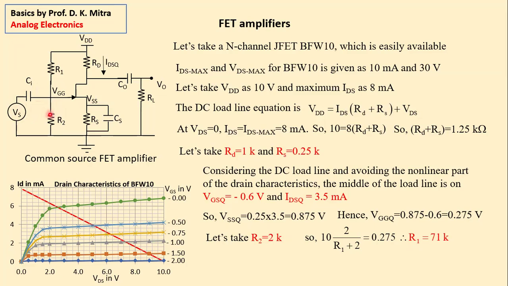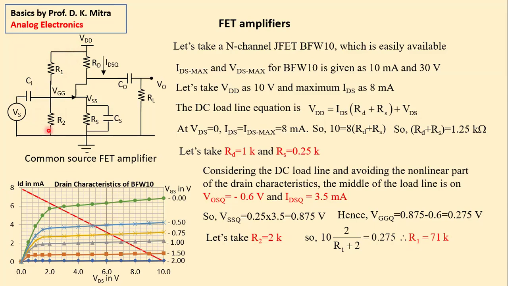Also, there is another issue. When these values are higher, much less current flows through this line. This current flowing through this bias line does not contribute anywhere in signal amplification.